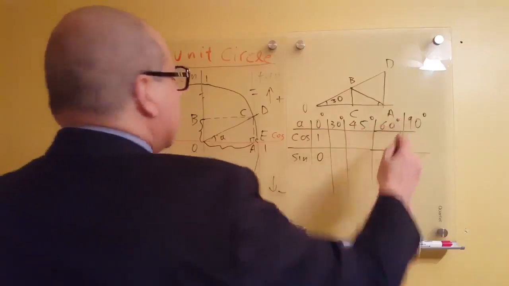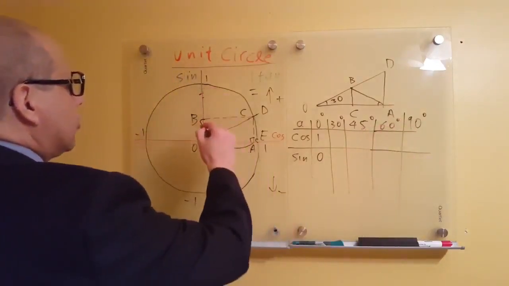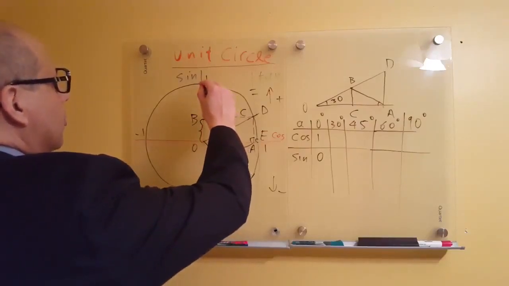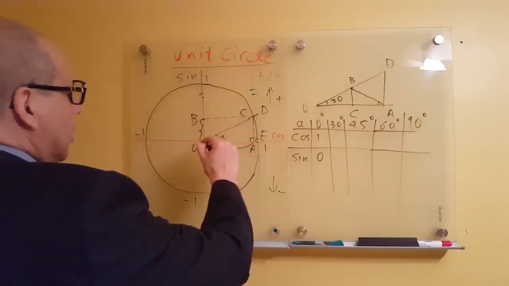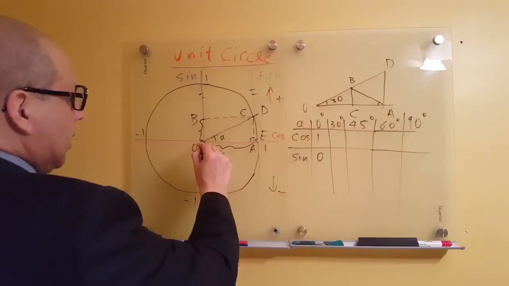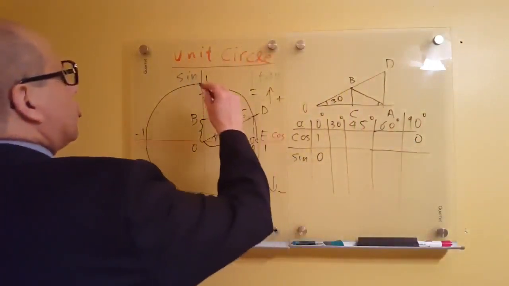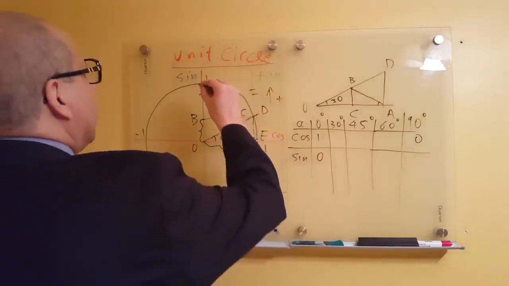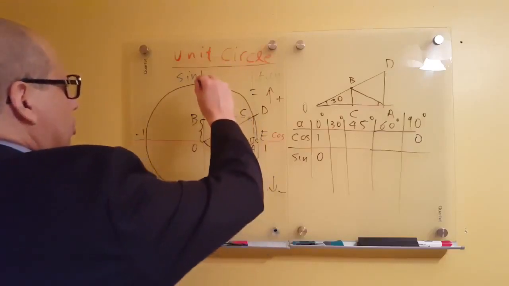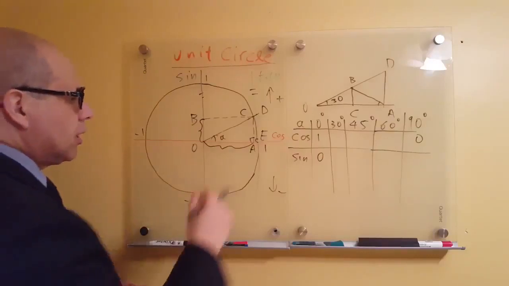And let's finish with the 90, because that's also very similar. So 90 degrees is this here. If you bring the projection from here to the cos axis, it intersects at exactly this point here, which is 0. And if you bring the projection from this point to the sine axis, it's the point itself. Just to make sure what a projection is, it's the perpendicular.